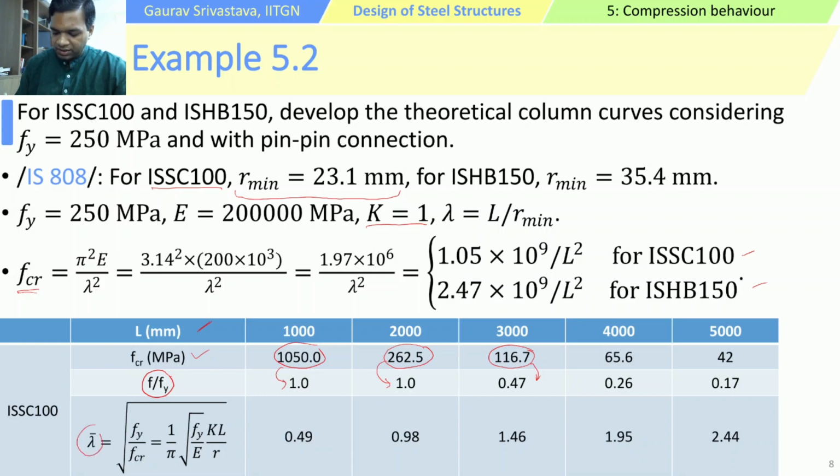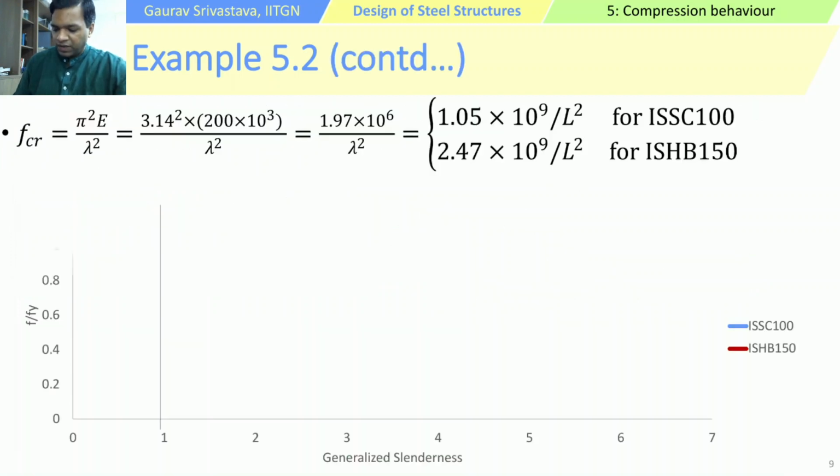And lambda bar is simply defined as the square root of Fy by Fcr, or this expression. These are the numbers which come out for lambda bar, and then we can begin to plot this.